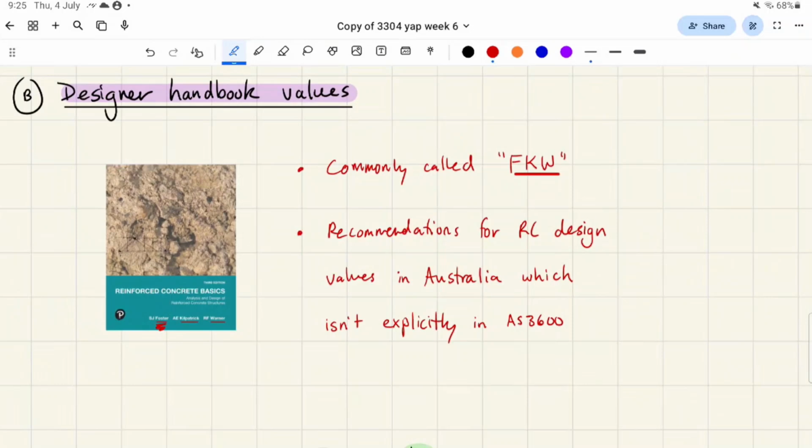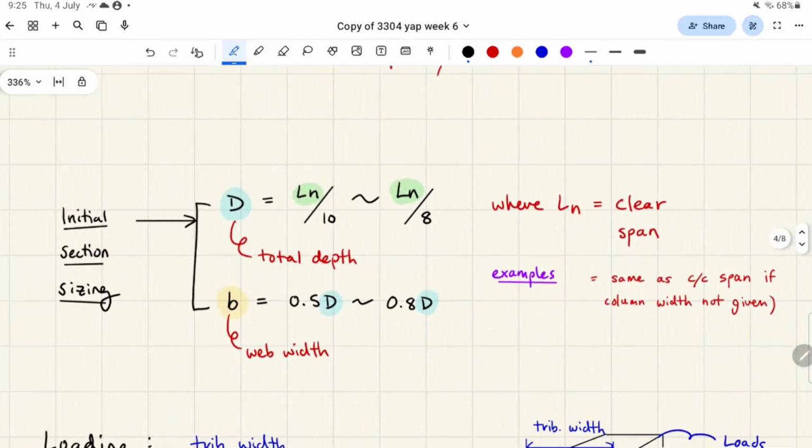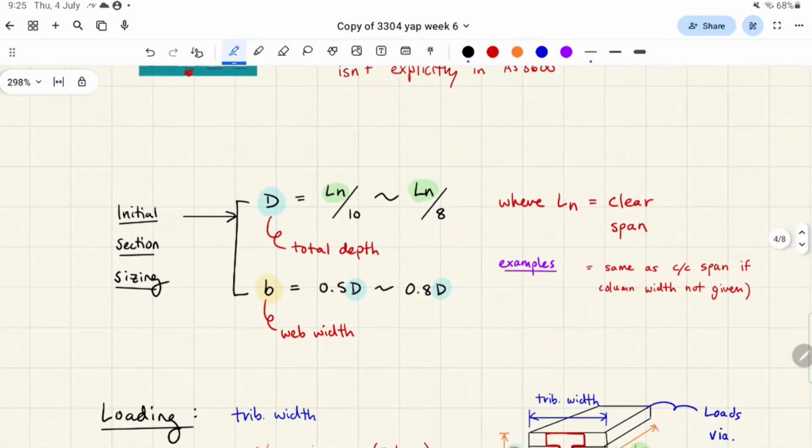These are vibes-based values for sectioning concrete and making a section that's appropriately sized based on the loading. So some numbers to keep in mind that you'll see come up is they'll give you an initial depth value, which I've called D here. I feel like this number is more common.